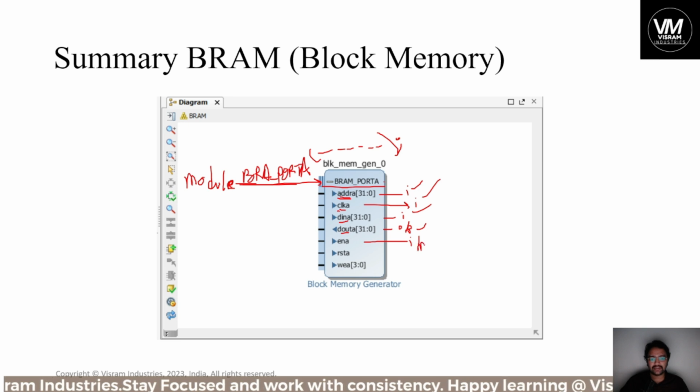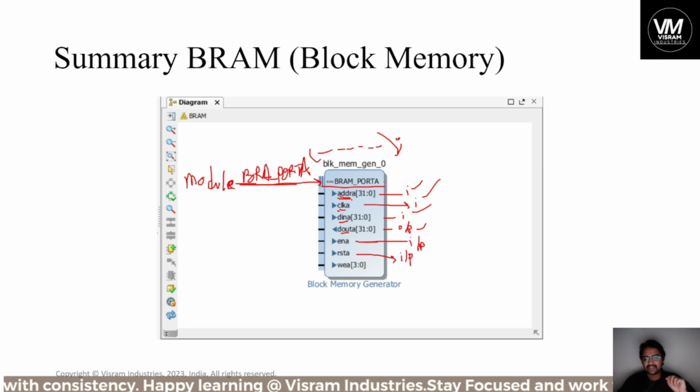This is an input, this is another input, the reset input, and this is the enable input, and enable is nothing but chip select, like in a memory. This memory is now enabled, and whatever data read and write processes happen, they will happen only when the enable signal is high, the clock is high, and reset is not high, reset should be 0.